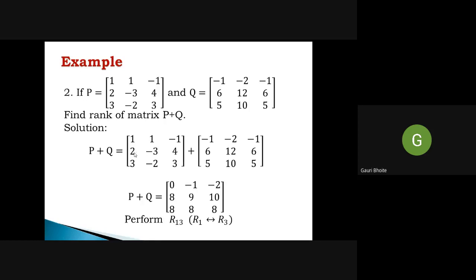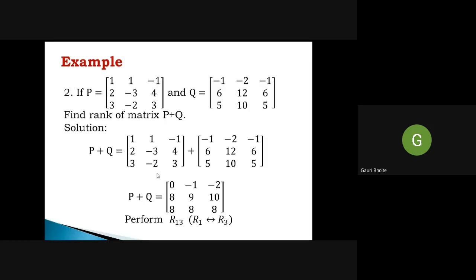Second row: 2 plus 6 is 8, minus 3 plus 12 is 9, 4 plus 6 is 10. Third row: 3 plus 5 is 8, minus 2 plus 10 is 8, 3 plus 5 is 8. So the P plus Q matrix is 0, minus 1, minus 2; 8, 9, 10; 8, 8, 8.